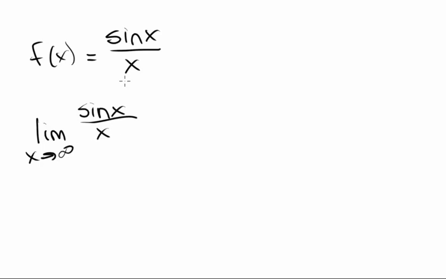Now, one thing I want to point out here that I see way too often. I see a lot of students make the mistake to think, oh, this is a fraction with an x in the top, an x in the bottom. So, because we're dividing and there's things in the numerator and denominator, I can cancel those out, and this just equals sine.